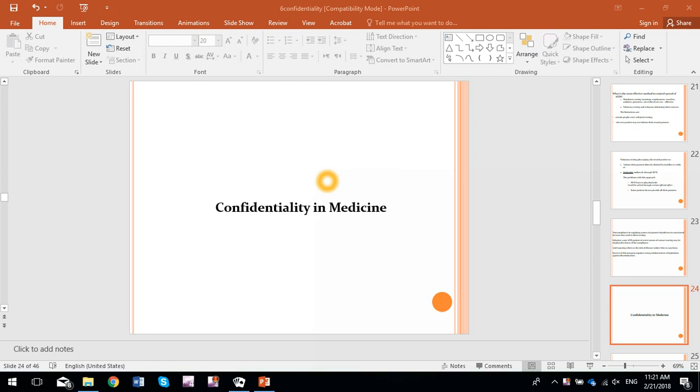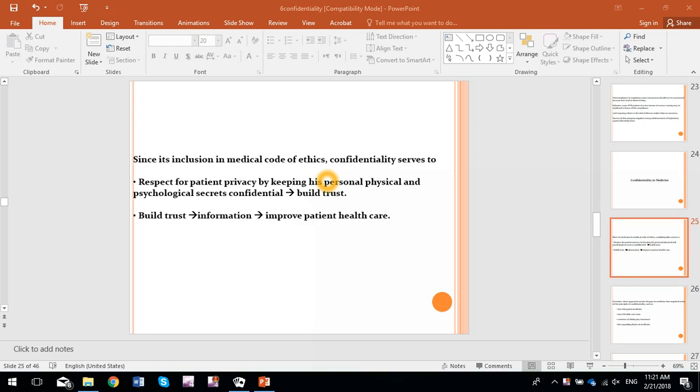Confidentiality in medicine. Since it is included in the medical code of ethics, confidentiality serves to what? Serves to respect the patient's privacy, part of the patient's right to privacy, by keeping his or her personal, physical, and psychological secrets confidential.